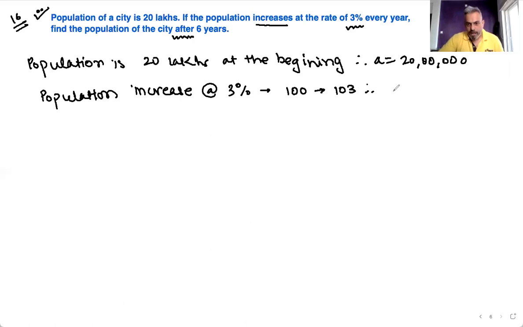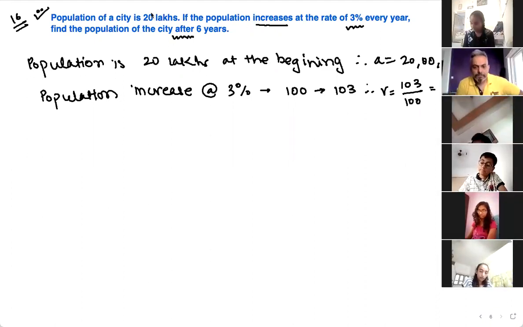So therefore, R is equal to, take this as T2, take this as T1 just for the sake of getting the value of R, क्योंकि A is 20 lakh, ये सिर्फ एक अंडरस्टैंडिंग के लिए है, फाइंड करने के लिए कि R क्या है, okay? R will be equal to 103 by 100, which is equal to 1.03.